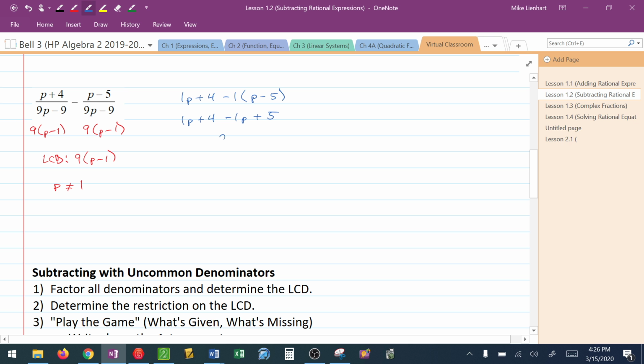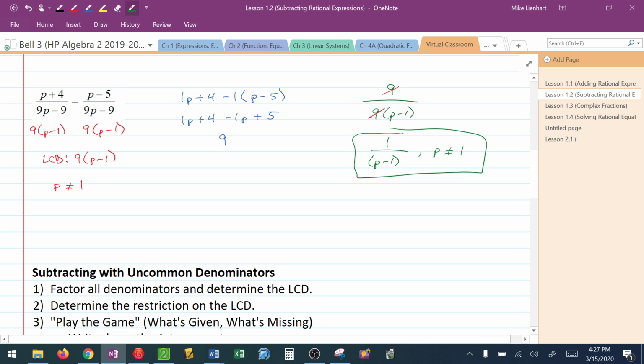When I combine like terms, I get 9. All right, I bring the numerator, 9, together with the denominator, 9 times p minus 1. And I notice again, things can cancel. So when I simplify this, I have 1 over p minus 1 with the restriction that p cannot equal 1.